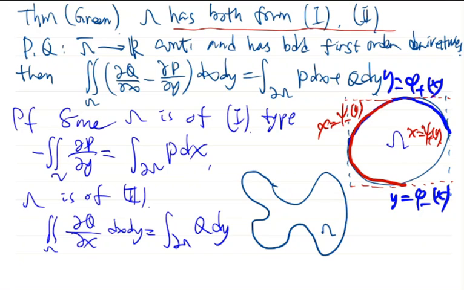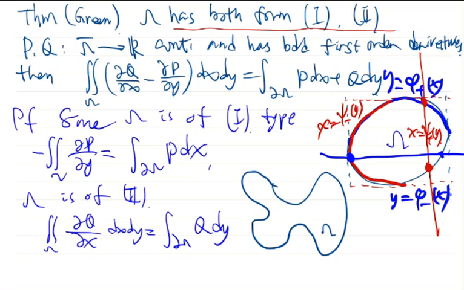If a domain is of type 1, any line parallel to the y-axis has at most 2 intersections with the boundary of omega. And if a domain is of type 2, then any line parallel to the x-axis can also have at most 2 intersections with the boundary of omega.